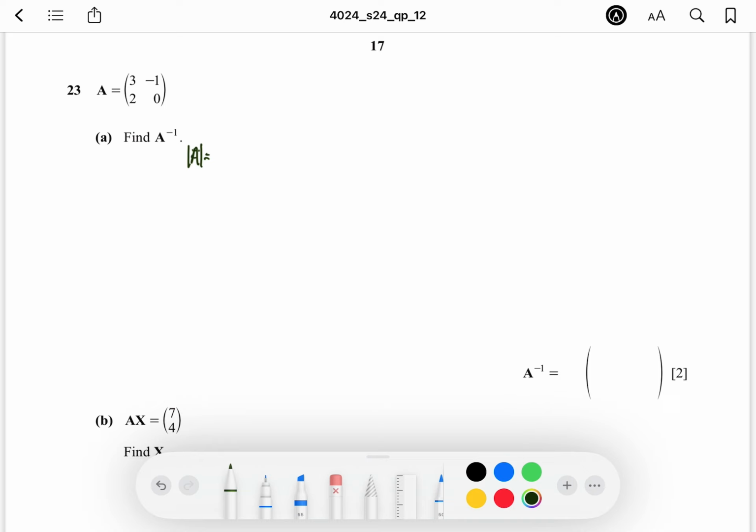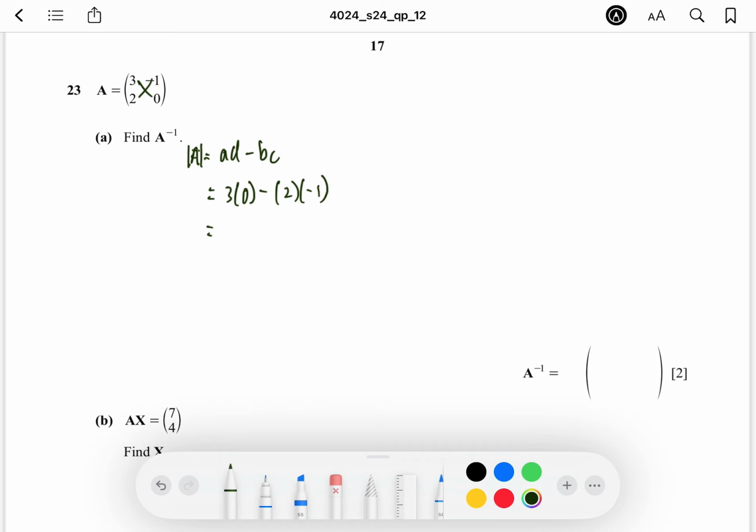How to find the determinant of a matrix? It is AD minus BC, which is 3 times 0 minus 2 times minus 1.